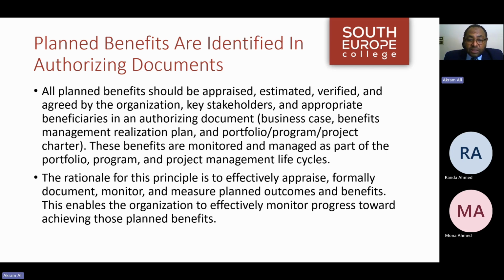For example, business case, benefits management realization plan, portfolio charter, program charter, project charter. These benefits are monitored and managed as part of the portfolio, program, and project management life cycles.